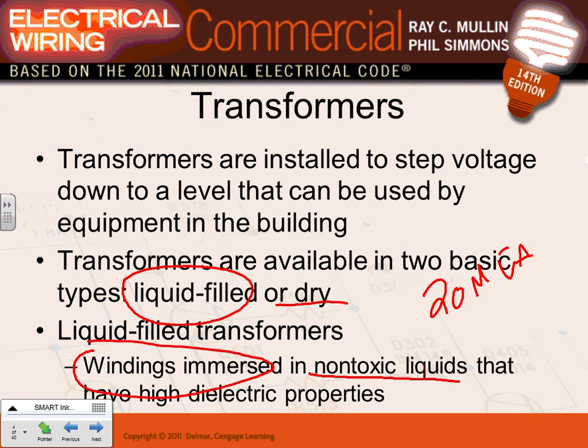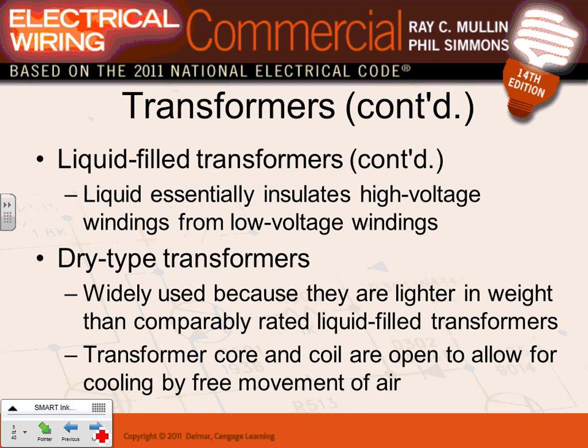Cool? Okay, so that's the transformer, just the beginning of the service. Liquid filled: liquid essentially insulates the high voltage winding from the low voltage windings and cools them much better. Dry type is widely used. I think you can get them to probably 3 megavolt amps, even higher than that.